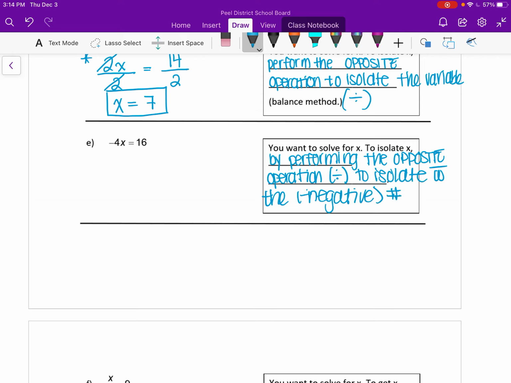Right? So if you're going to divide here, you're multiplying it by -4. So it has to be divided by -4 as well.